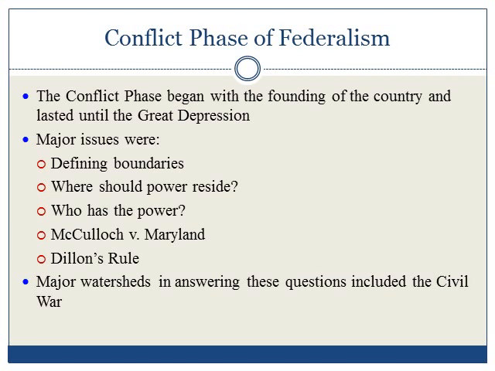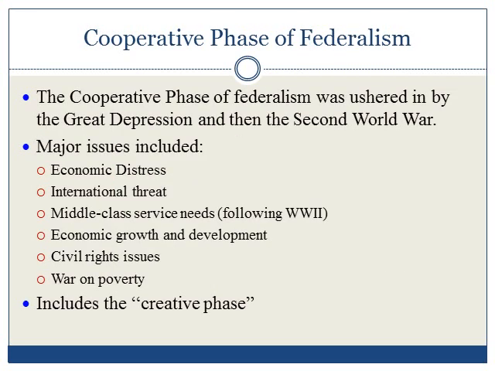Then the Great Depression came, and all of a sudden the states were confronted with things that they could not handle. The cooperative phase of federalism came in because of the Great Depression and the Second World War. These are major crises for our country.